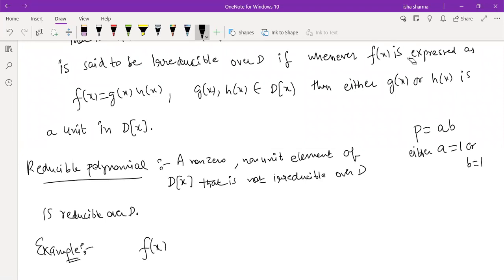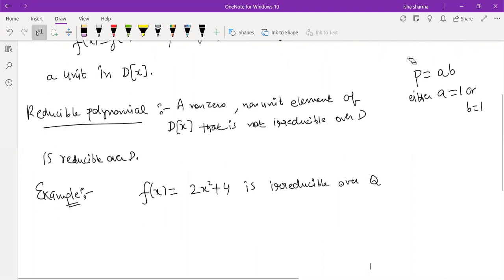So if I take the polynomial f(x), say 2x^2 + 4. So I am saying this is irreducible over the field of rationals, right? Over Q. Because whatever factors you try to make of it, you will not be able to write it as g(x) times h(x) without one of them being a unit element, right?